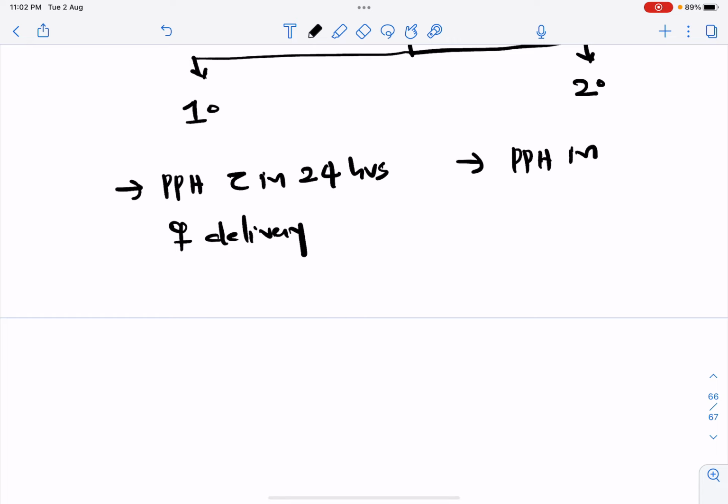So moving on to the etiology of PPH. It is the 4 T's. The first T is tone, that is atony. Second T is trauma.